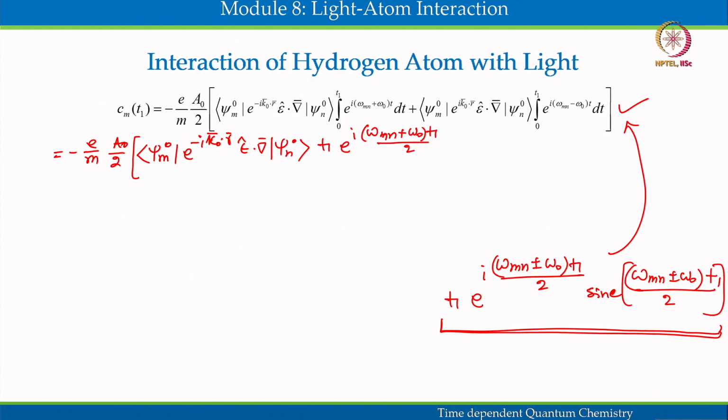Because this is plus, we use only the plus term. Then the cardinal sine function of (omega mn plus omega naught) T1 by 2. So this is one term.